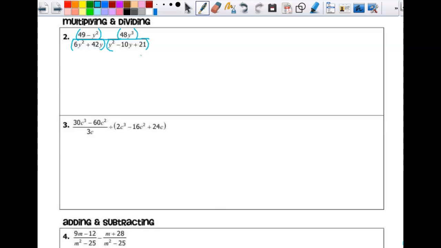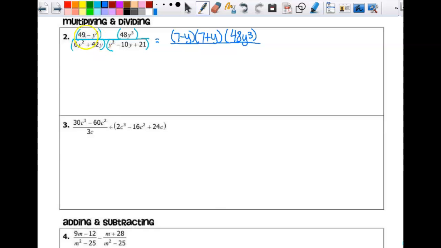Now, I don't want to actually multiply that denominator like it is. That's insane looking. So if I don't have to, that'd be great. So I'm going to go ahead and factor what I can, but it'll end up all in one big fraction. So when I factor this 49 minus y squared, that's going to be 7 minus y times 7 plus y, and then I multiply that by 48y cubed.